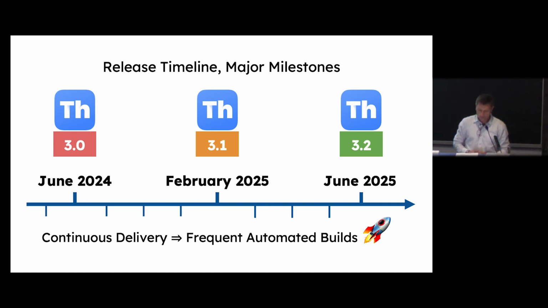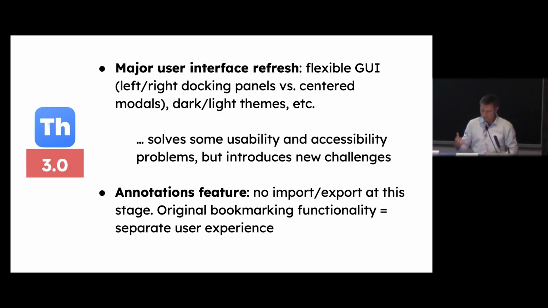So starting with Thorium 3.0, we introduced a major user interface refresh, a redesign. Now, this solved a number of usability and accessibility problems, but let's be honest, it also introduced new challenges that, in subsequent releases we had to address, and I'll come back to that. The changelog is quite big for this release, but I just wanted to single out two particular aspects.